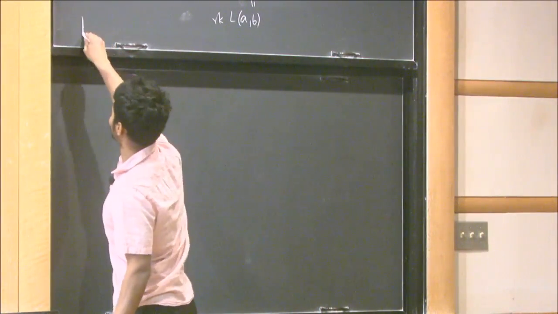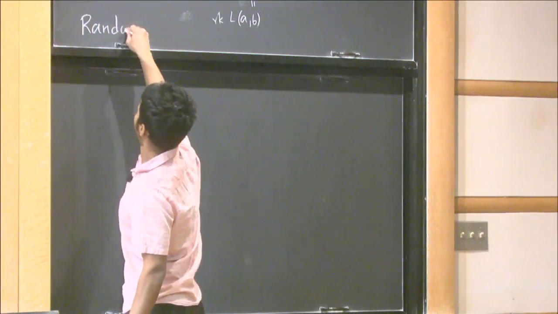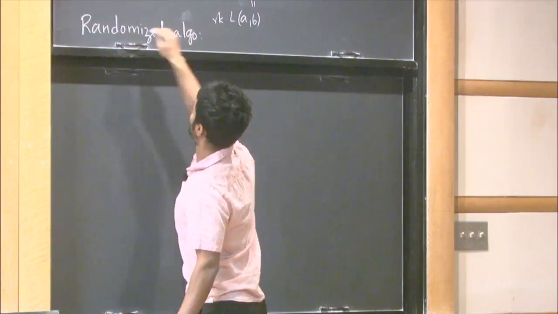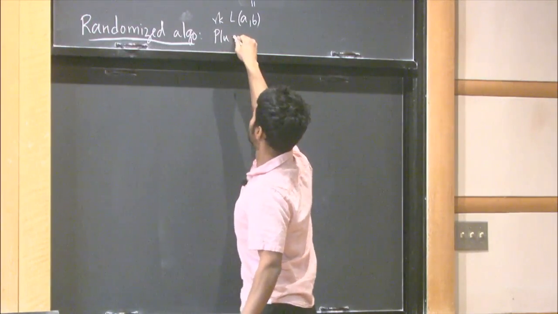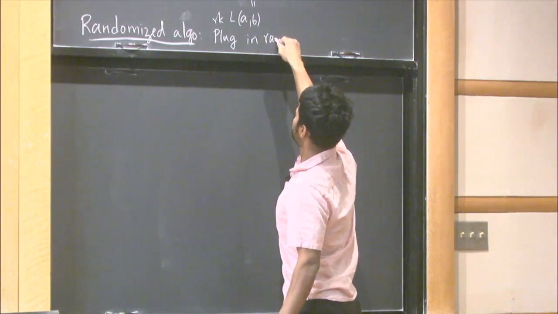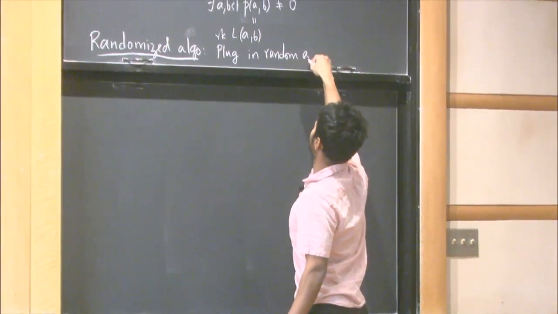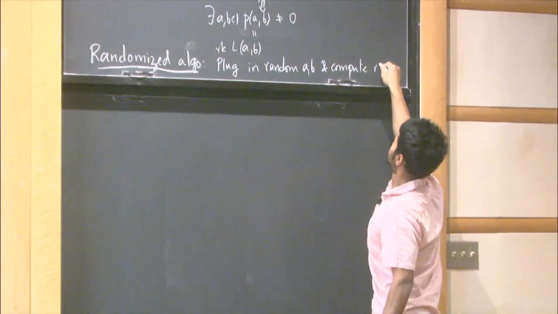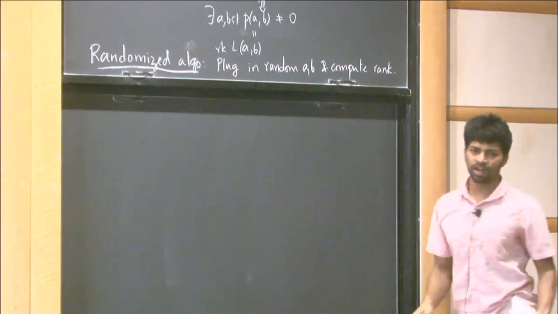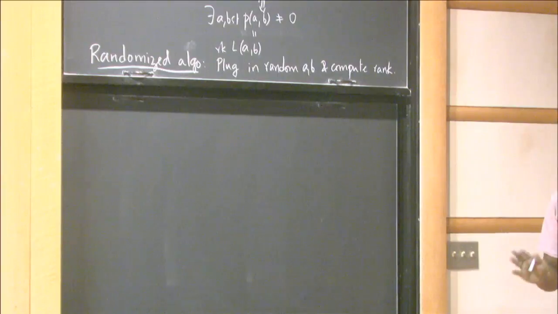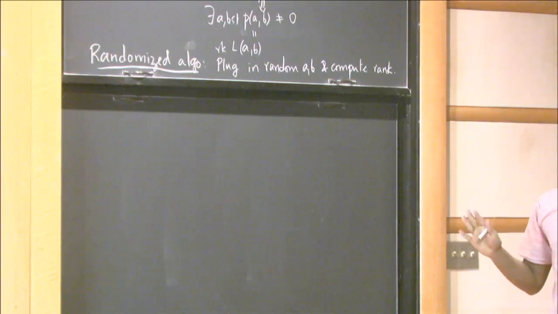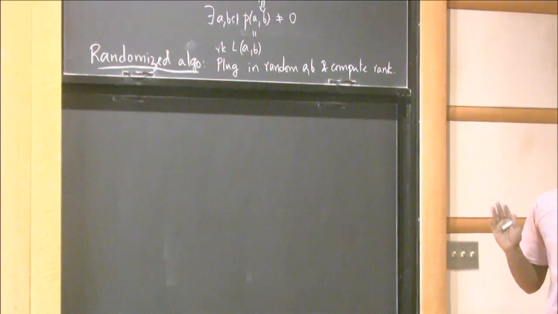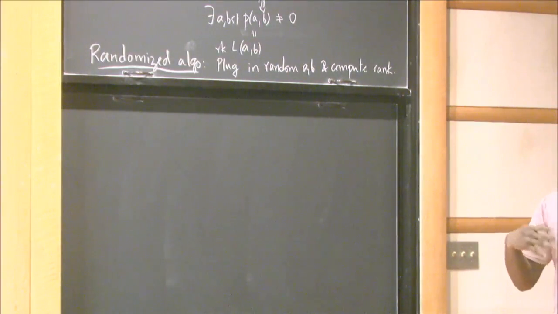So here's a randomized algorithm: plug in random A and B and compute the rank. Computing the rank of a matrix whose entries are in the field, say the rational numbers, is simple. Computing it symbolically, where you have entries which are polynomials, is hard because you have to decide whether a polynomial is 0 or not at some point.